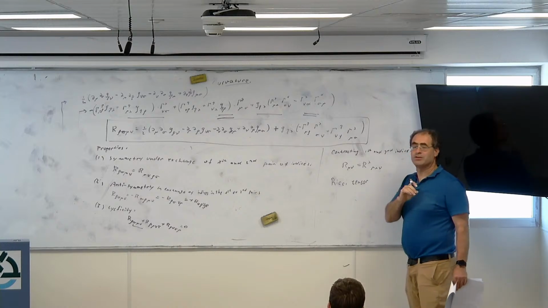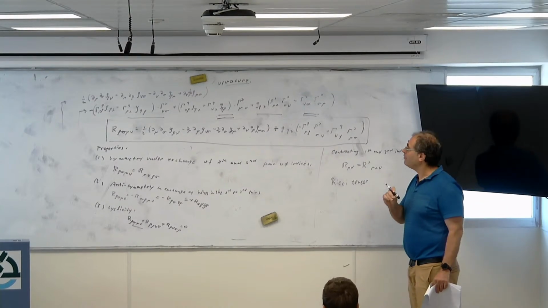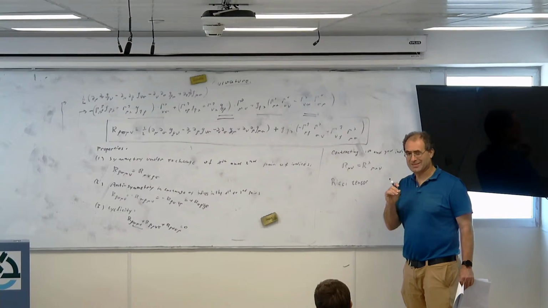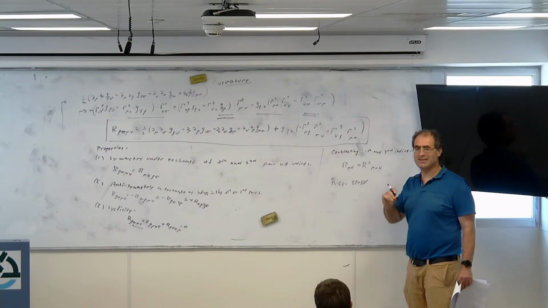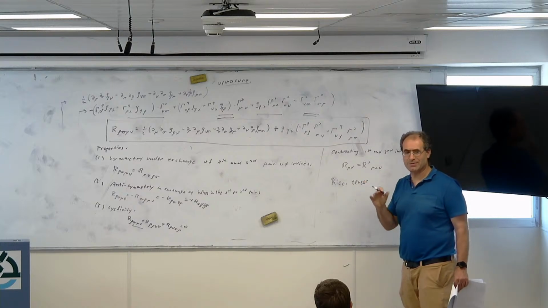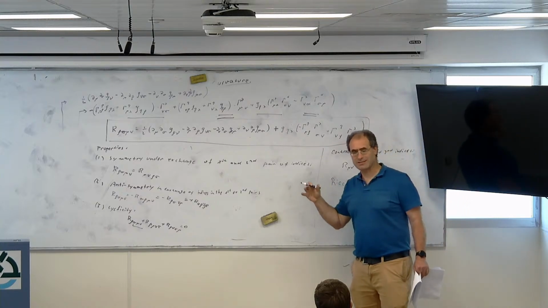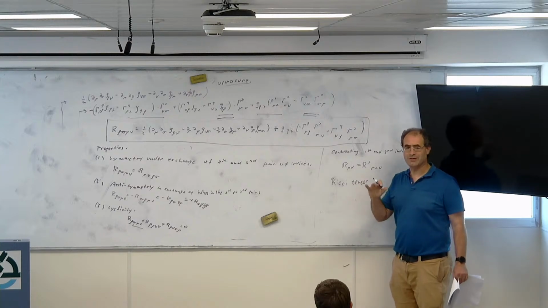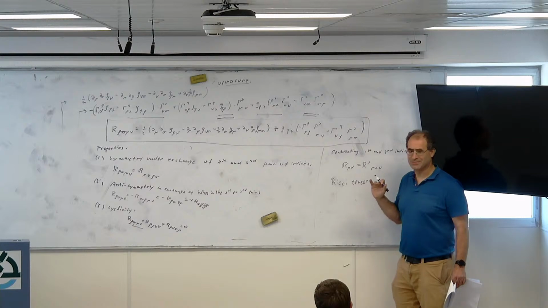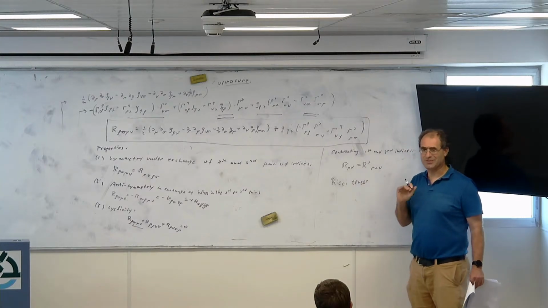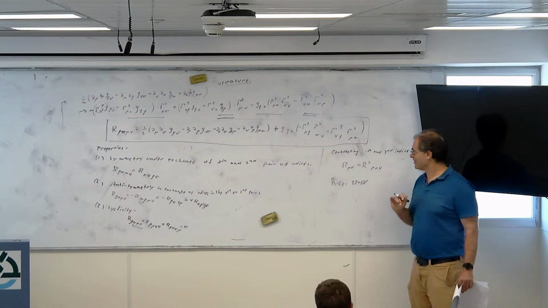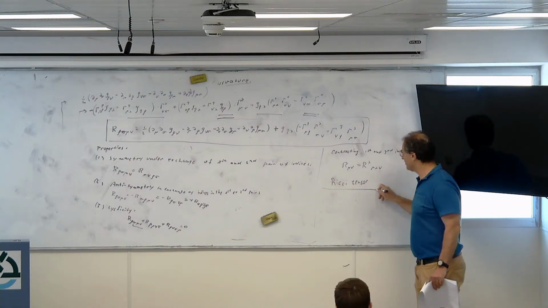One thing I can promise you right now: everything that I'm doing is needed. There are plenty of other things that people sometimes put in standard GR textbooks or courses, which I omit because they are not necessary. Everything here that I put is necessary. You can trust me on that, and we'll see it at the end of the course. Okay? This is the Ricci tensor.